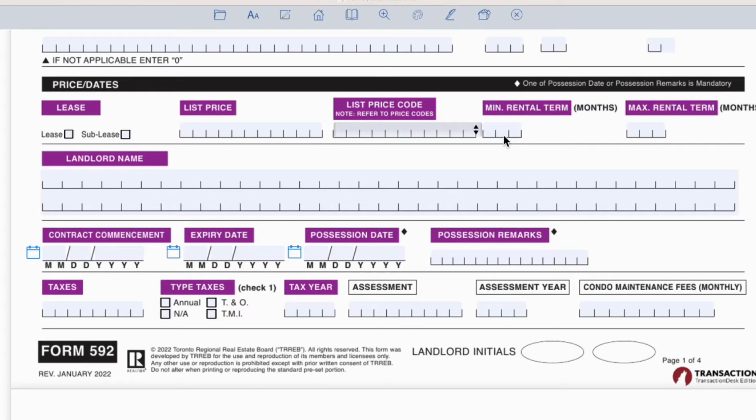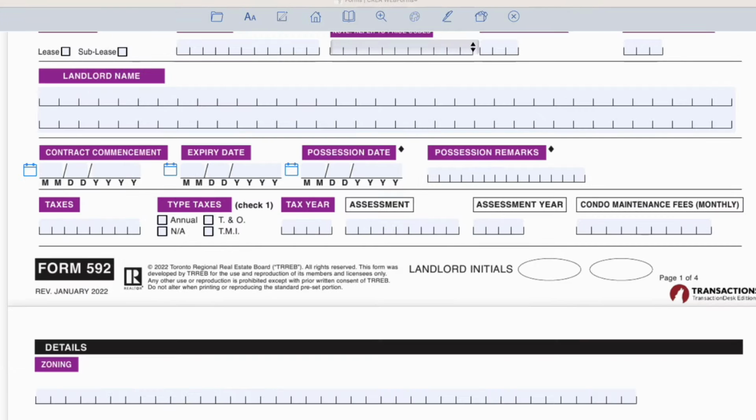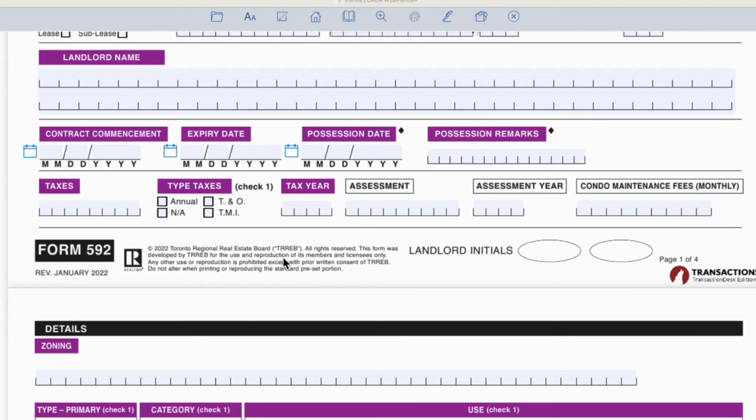And that will be on their max term rent? Yes. So you would put over here, let's say, a minimum 5 years, or you could say 3 years. It's for 3 years, and the maximum rental might be 5 or 10. And then down here we'll put the landlord name, again just as it was on the listing agreement.